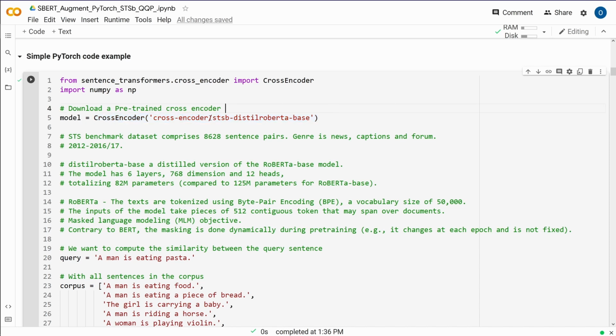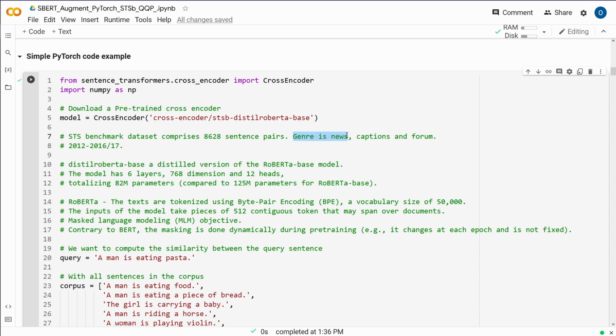Let's have a look. The first indication tells us STSB. This is the STS benchmark dataset, and it comprises 8,628 sentence pairs. Now you have to know the genre, because later I'm going to show you that we do some domain augmentation. So you should know the content of your training data.